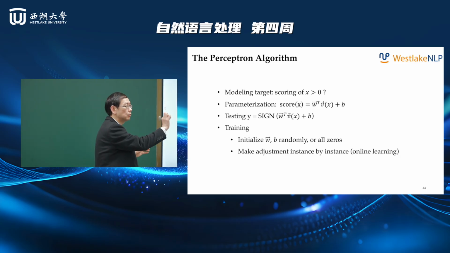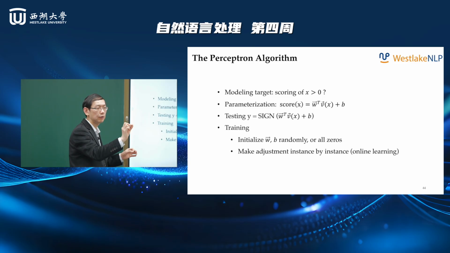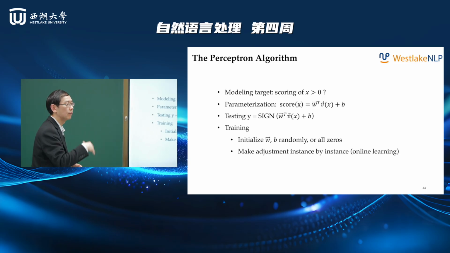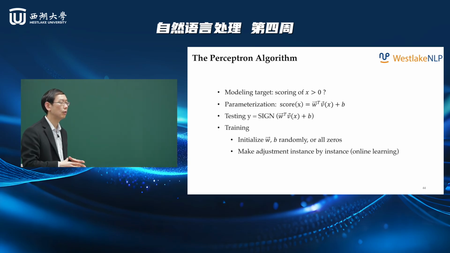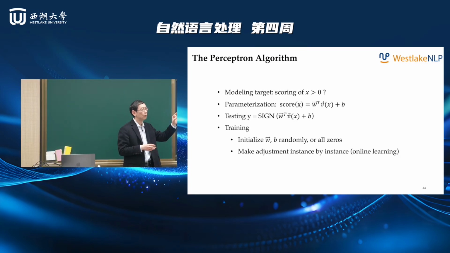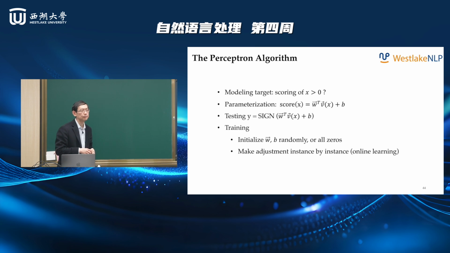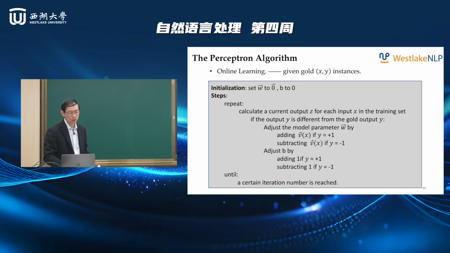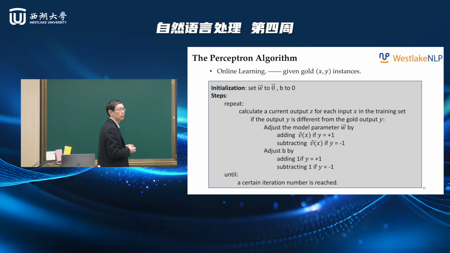I look at the first one, the second one, the third one, one by one, iteratively. Maybe I go through all the training data for several iterations. And then for every training instance, I will adjust my parameters according to whether the current model classifies my training instance correctly.